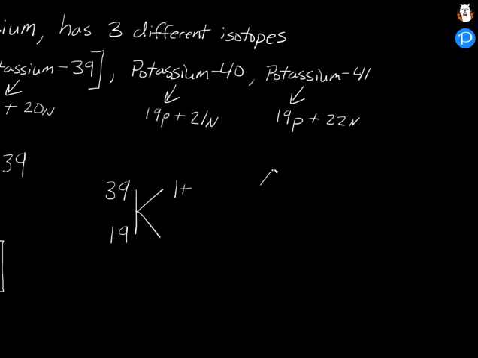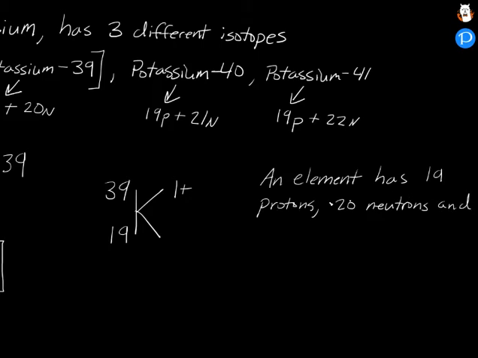It may have said an element has 19 protons, 20 neutrons, and 18 electrons.